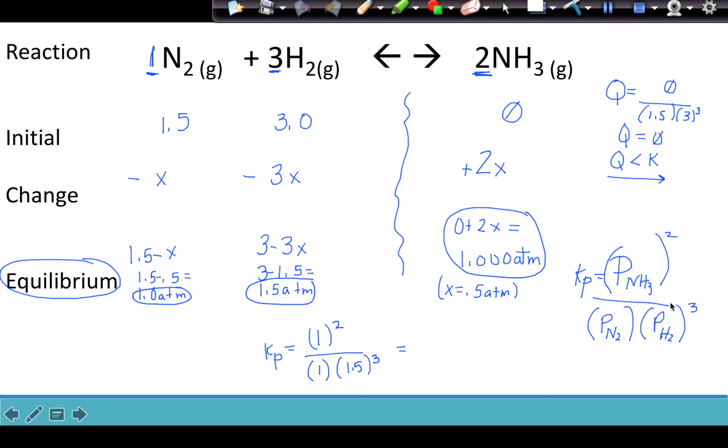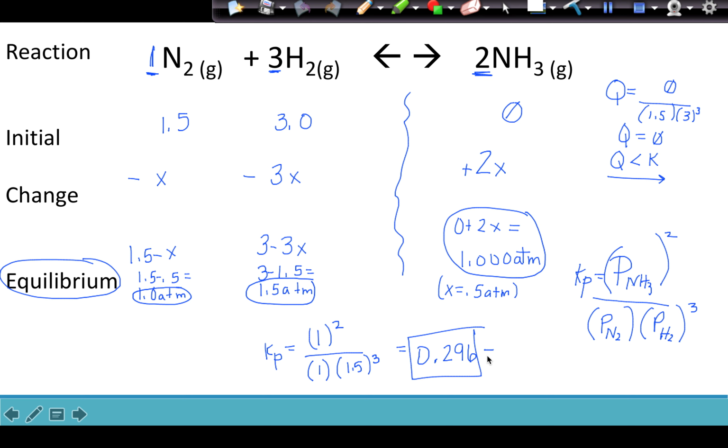And remember, these are equilibrium pressures. And when I plug that into the calculator, I get 0.296. So that means that at this particular temperature, the Kp is equal to 0.296.